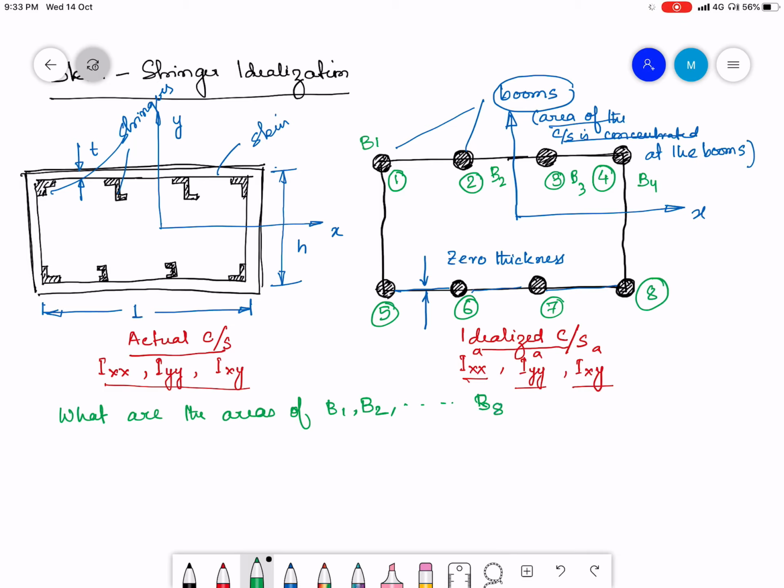How do I find out these areas? That is the question that we need to answer.